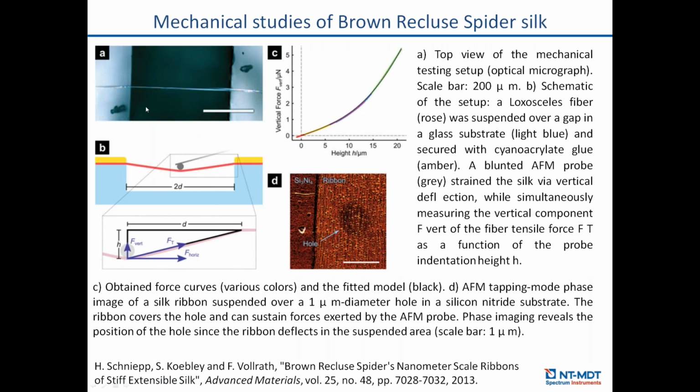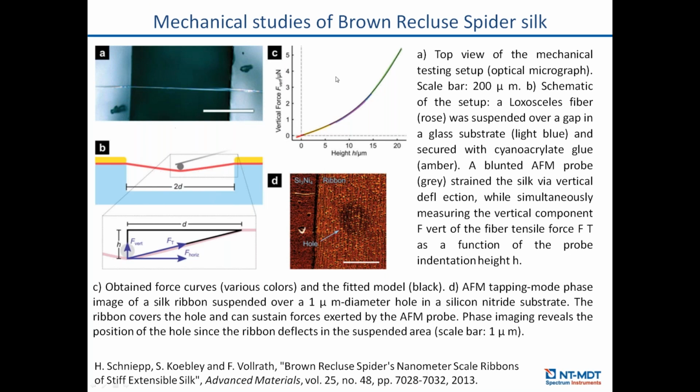And in this particular work, the mechanical studies were done on a piece of spider silk stretched over a hole. We can see there are two islands, and the silk was stretched over this hole. A probe with a spherical tip was taken, and force curves were taken directly on the piece of silk.